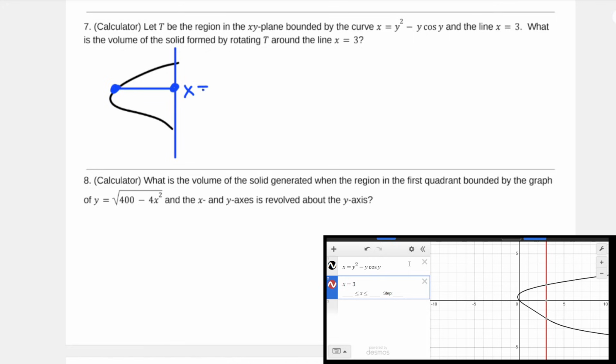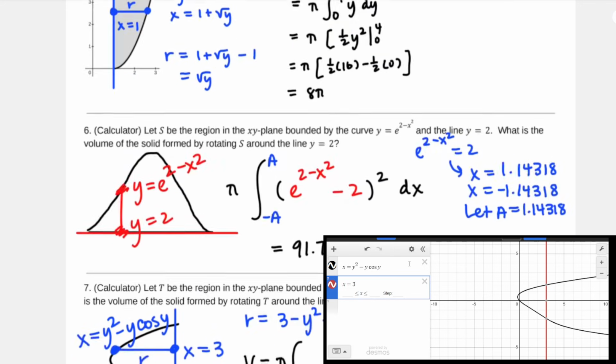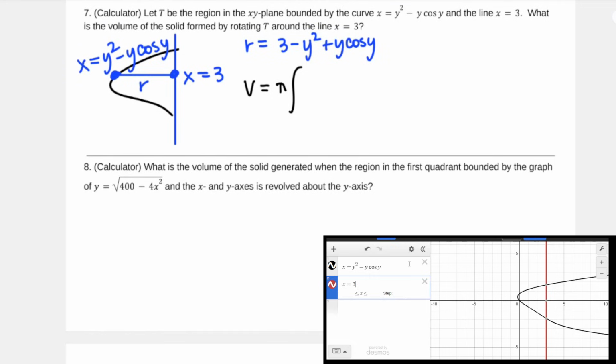All right, over here, this is x equals 3. On the left, we have x equals y squared minus y cosine y. So the radius here is going to be 3 minus y squared plus y cosine y, because I'm subtracting both things. And so that's what I'm going to throw into my integral. I was just making sure I'd written the integral I took on the calculator.